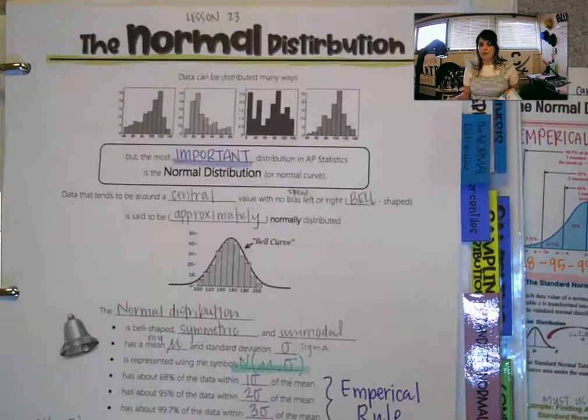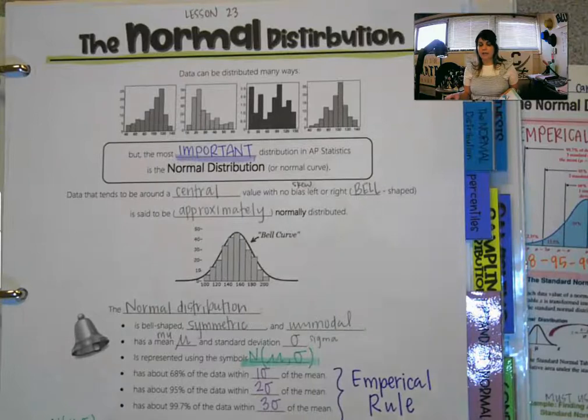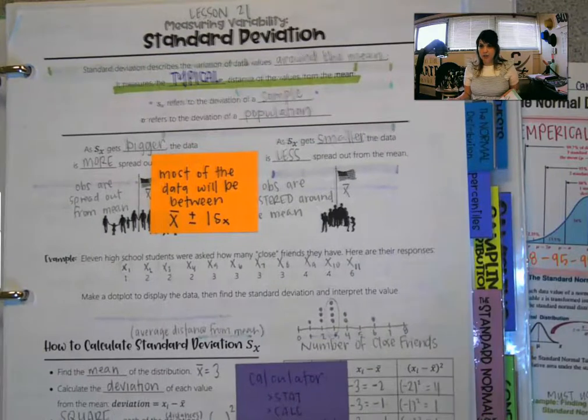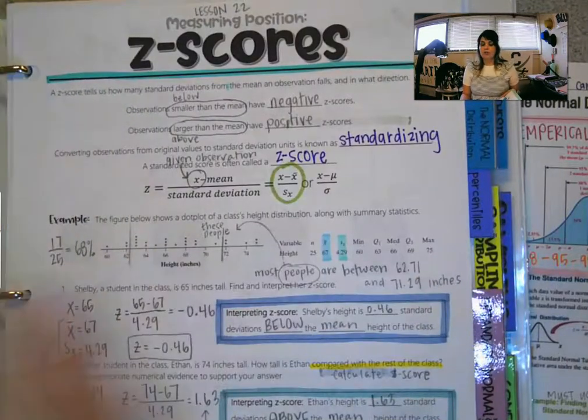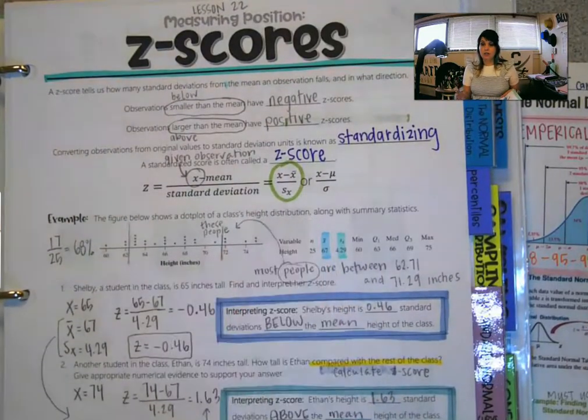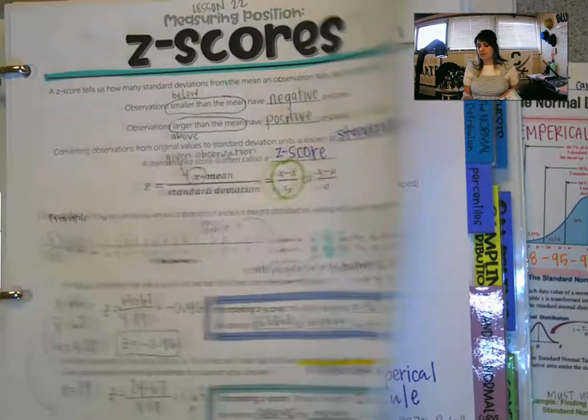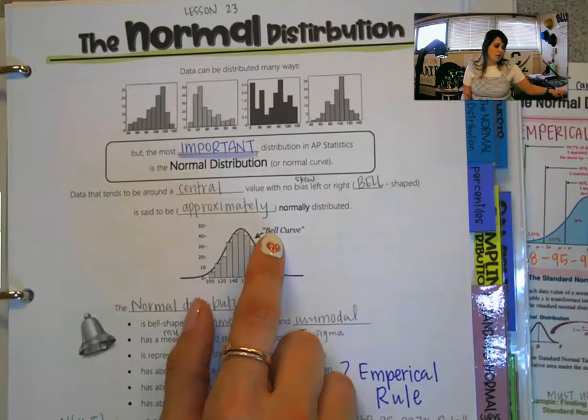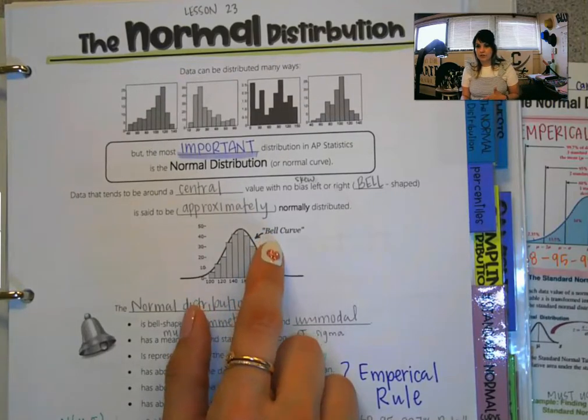Then we talked about the normal distribution, and the idea of a normal distribution is based around the idea that 1, 2, and 3 standard deviations around the mean is where most of your data is. So we talk about standard deviation, we talk about how to express observations in terms of standard deviation, and then we talk about this distribution that is based off of standard deviations.